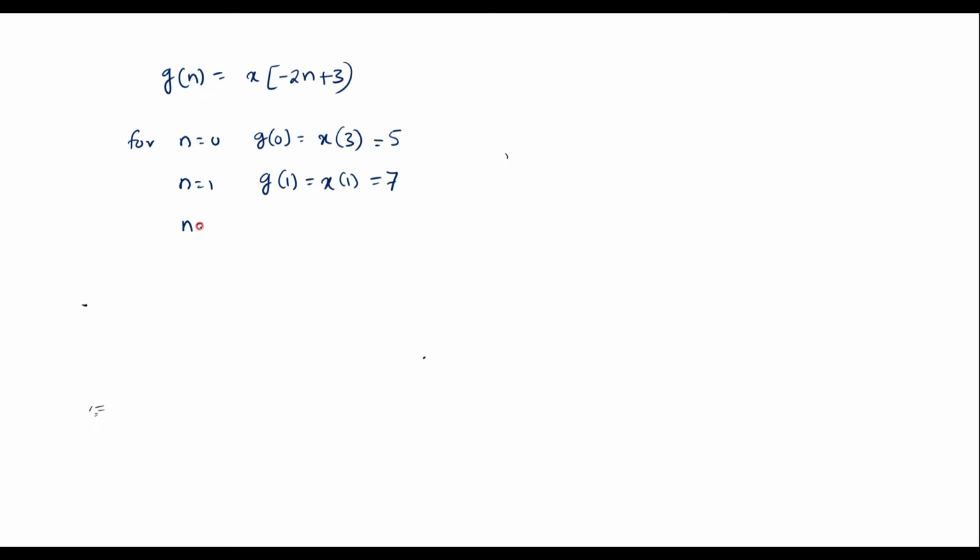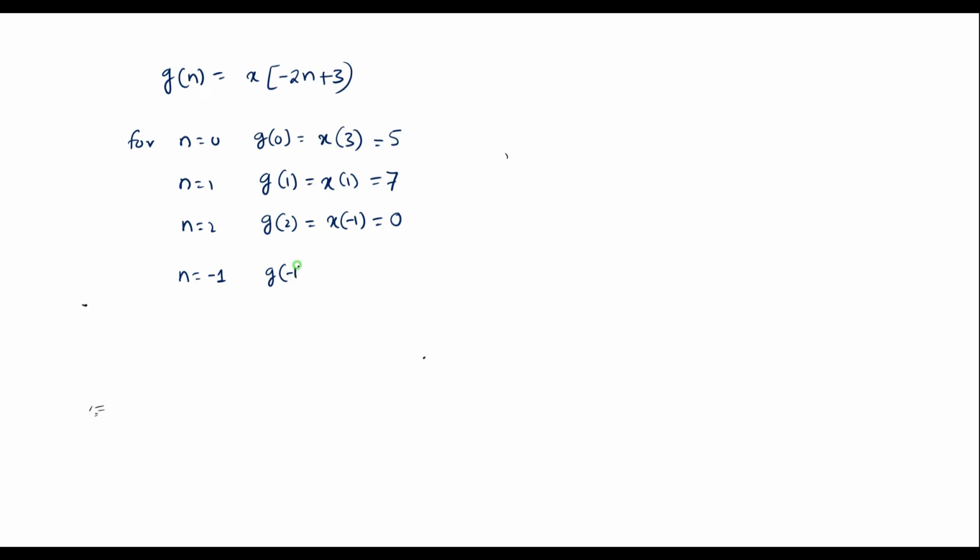Now for n equal to 2, we have g of 2. So g of 2, minus 2 into 2, minus 4 plus 3 is x of minus 1. So x of minus 1 value is 0. So here onwards all the values will be 0. Now consider n equal to minus 1.